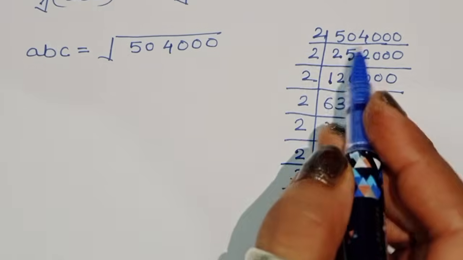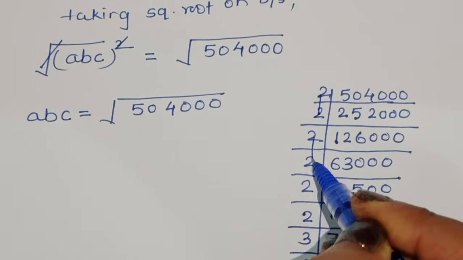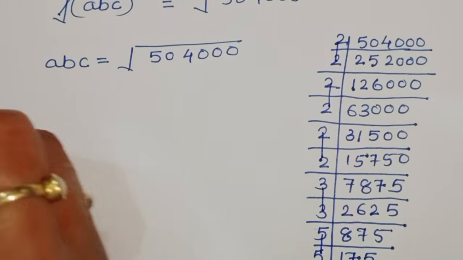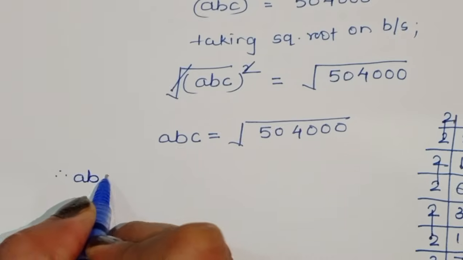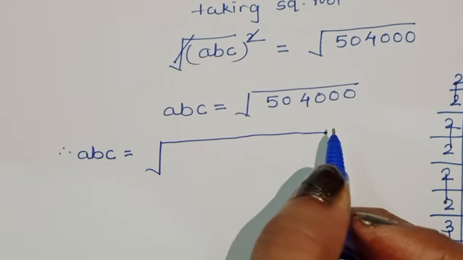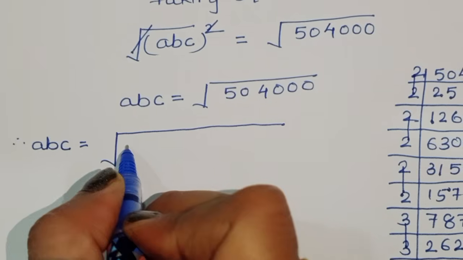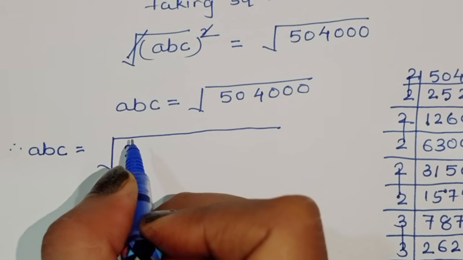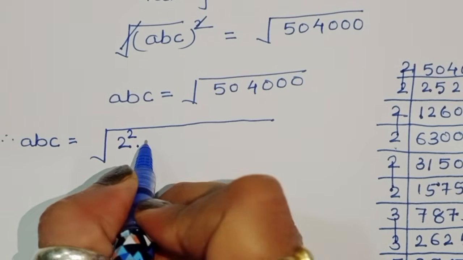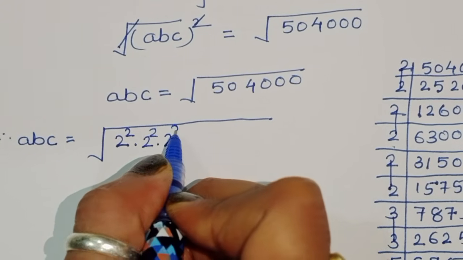Now we have to make pairs. Now we can say ABC is equal to the square root of 2 square times 2 square times 2 square, right?